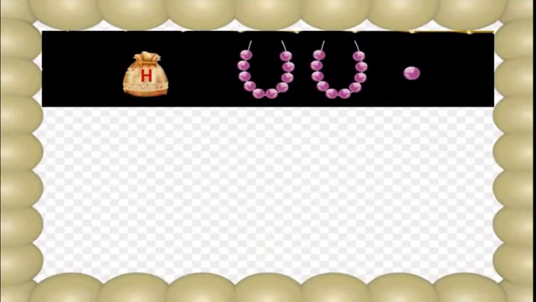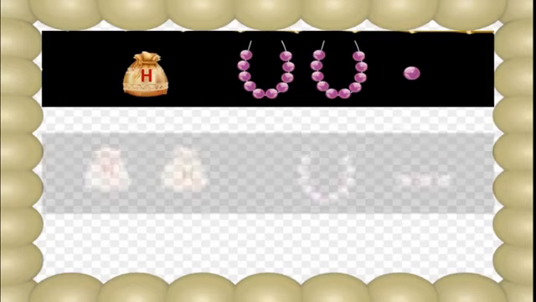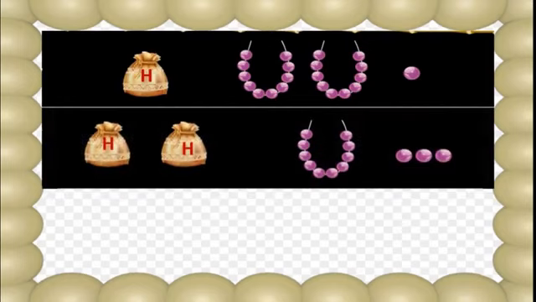Yes, dear children, please look at the picture. Here one purse is there that has 100 beads and 2 tens, that is 10 beads each, and 1 unit, that is 1 single bead. Okay, now in the second one 2 purses of 100 beads and 1 ten and 3 units means 3 single beads.